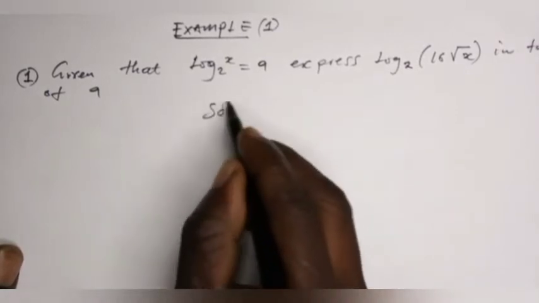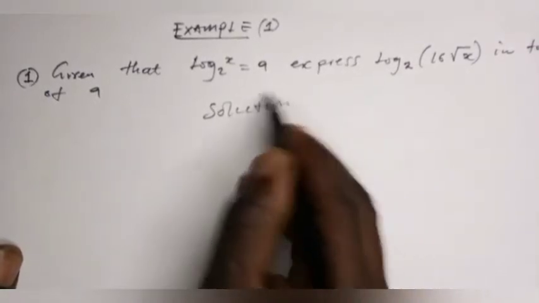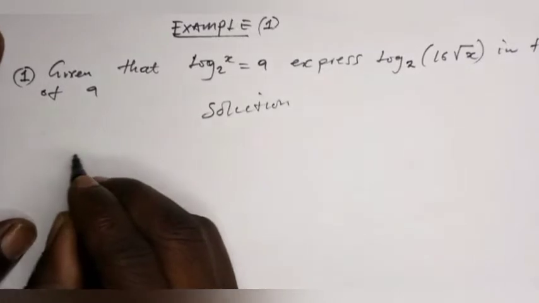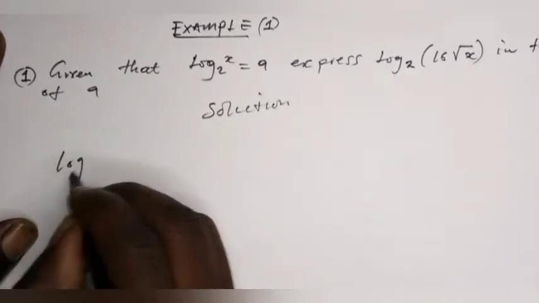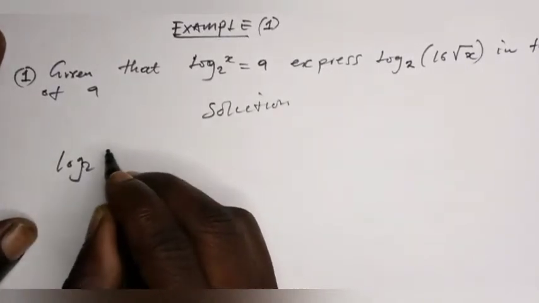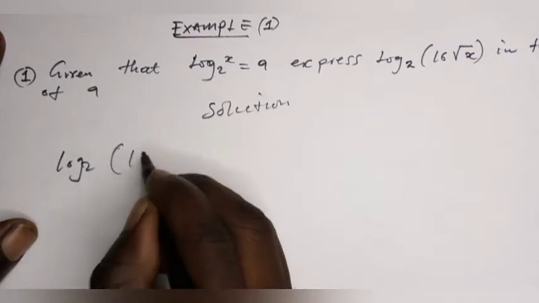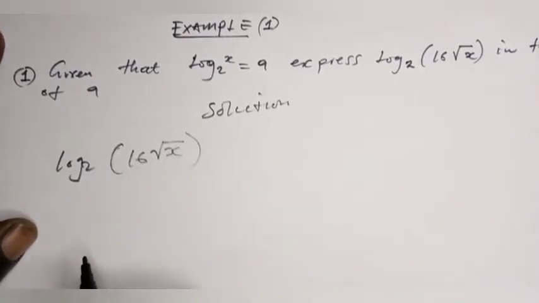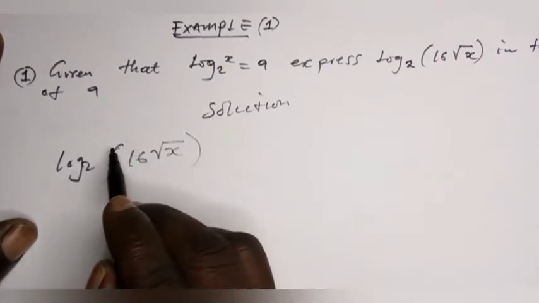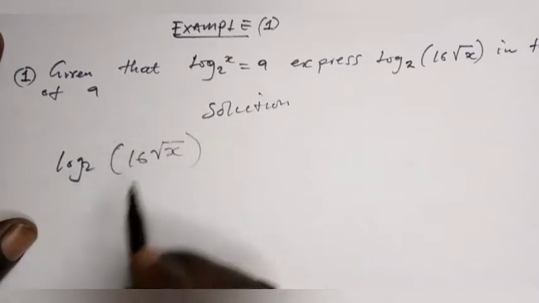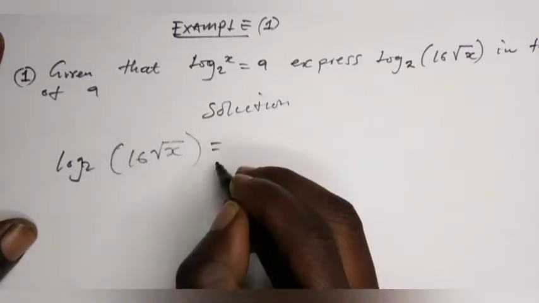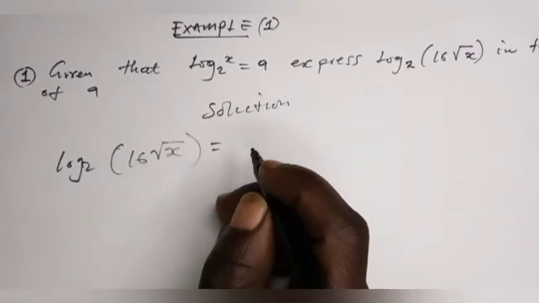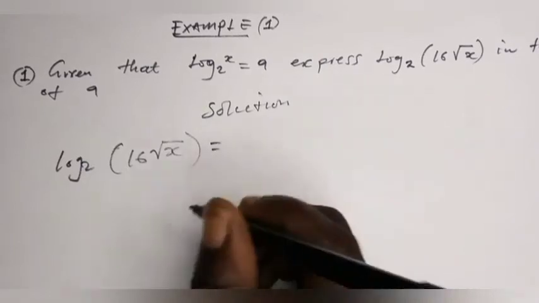Solution: log base 2 of 16 square root x. Remember, this is a multiplication, so we have to use the other law of multiplication.